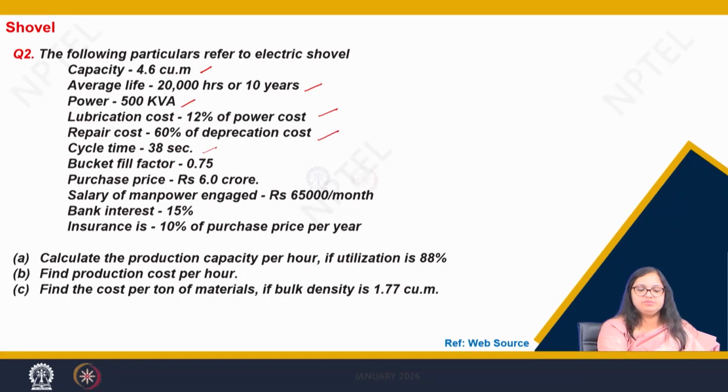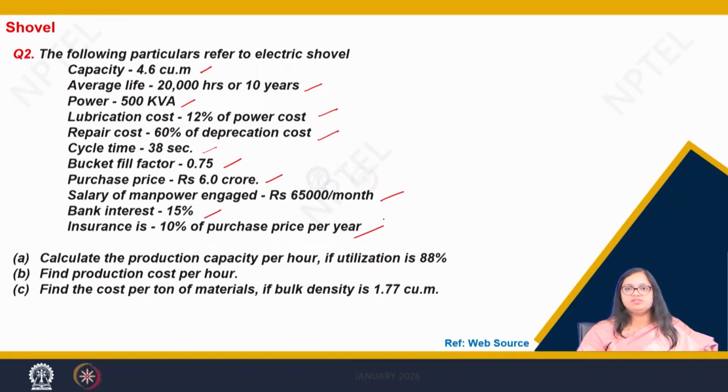The cycle time is 38 seconds. Bucket fill factor is 0.75. Purchase price is rupees 6 crores and the salary of manpower engaged is rupees 65,000 per month, bank interest is 15% and insurance is 10% of the purchase price per year.